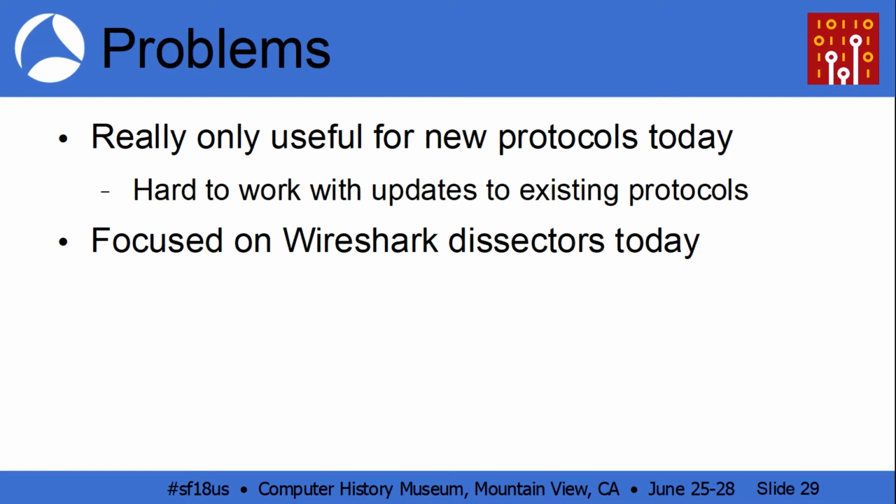Those are a couple of the things that I will need to do additional work on. But it's really for new protocols, and to a certain extent it's designed to allow people like the Wi-Fi Alliance to generate dissectors for these new protocols that they are coming up with and testing as part of the whole Wi-Fi infrastructure, the whole Wi-Fi community, etc.